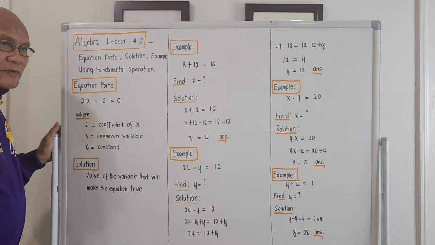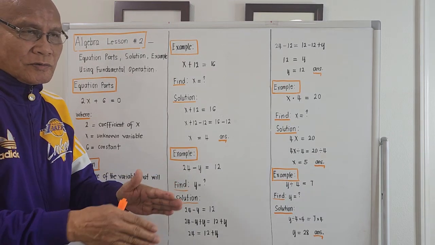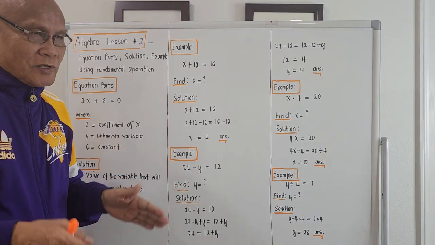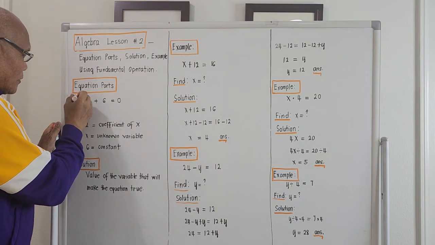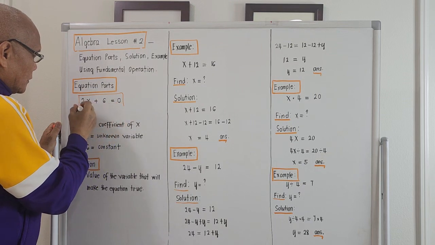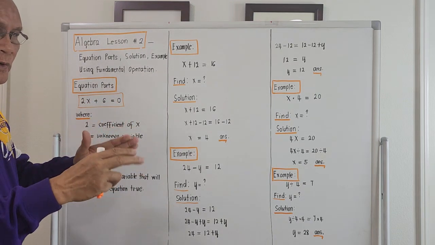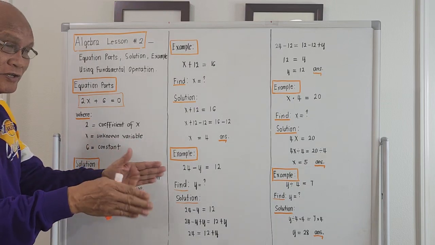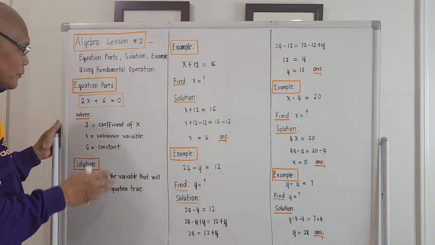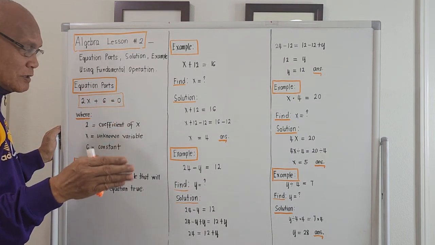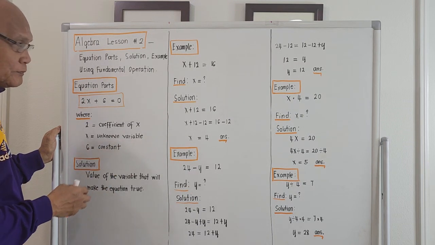Equation parts. In algebra, you should know what an equation is. I will give you an example of an equation. Since this is basic algebra, we must discuss this. The parts of an equation are actually 4.